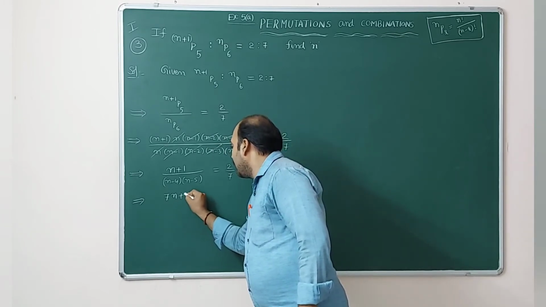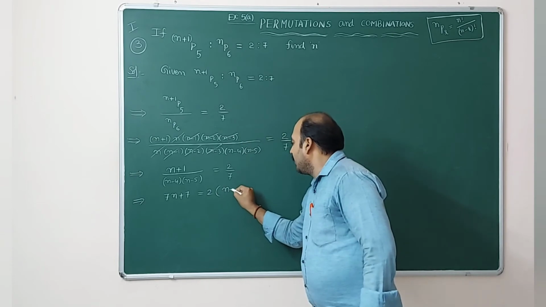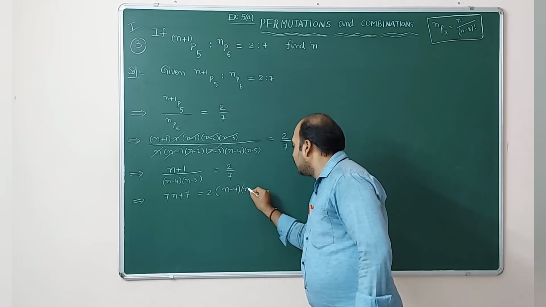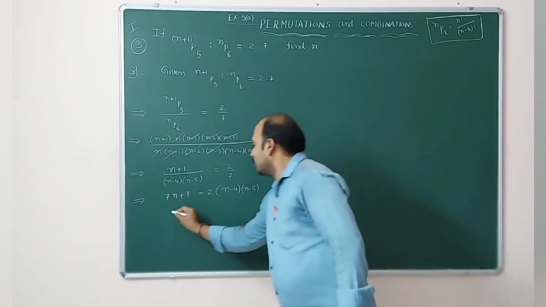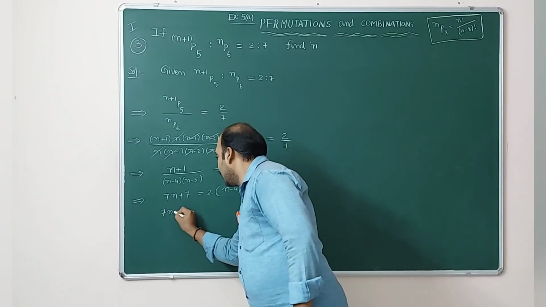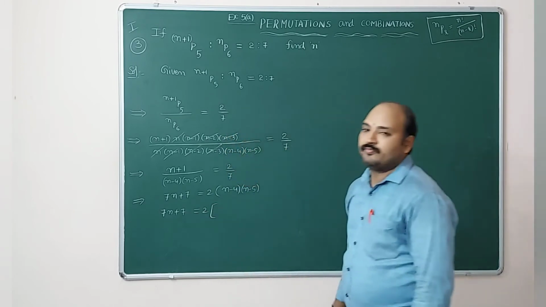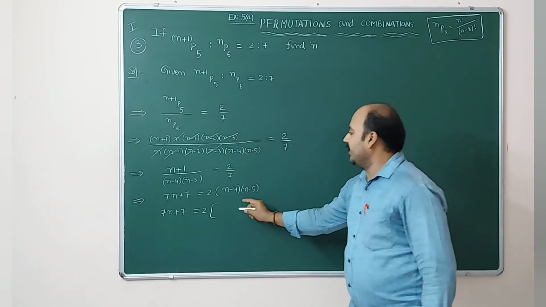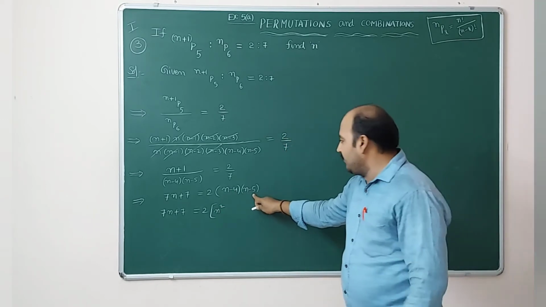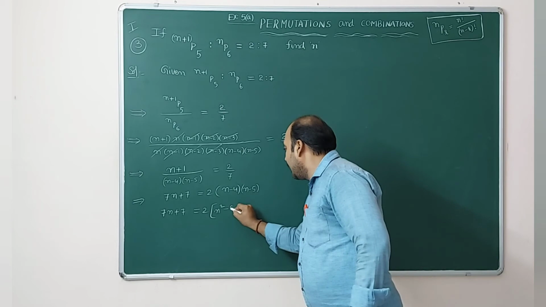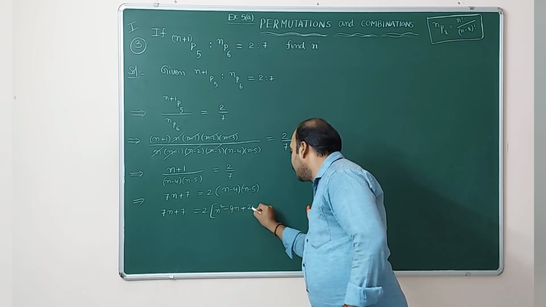So, 7n + 7 is equal to 2 into (n-4) into (n-5). So, 7n + 7 is equal to 2 into, n into n is n square, n into minus 5 is minus 5n, minus 4n, minus 9n, minus 4 into minus 5 is plus 20.